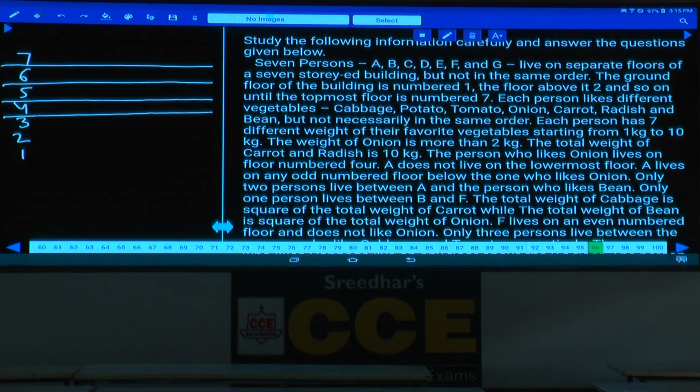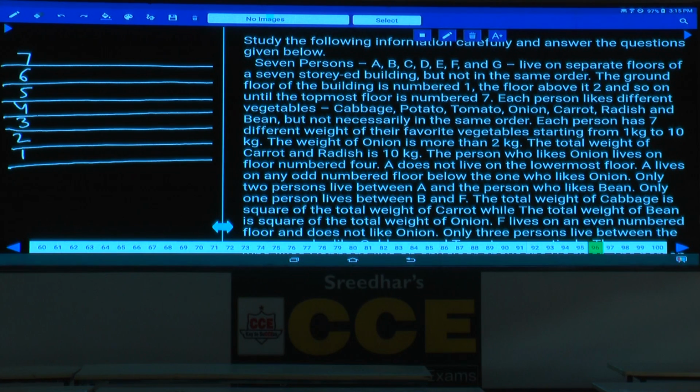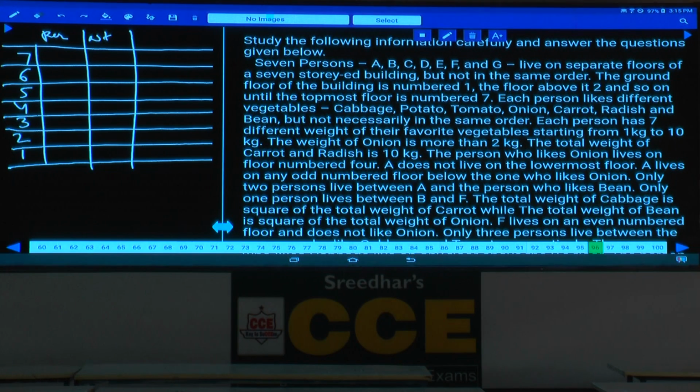One is the vegetable, one is the person, and the other is the weight as well. Each person has 7 different weights of their favorite vegetables starting from 1 kg to 10 kgs.